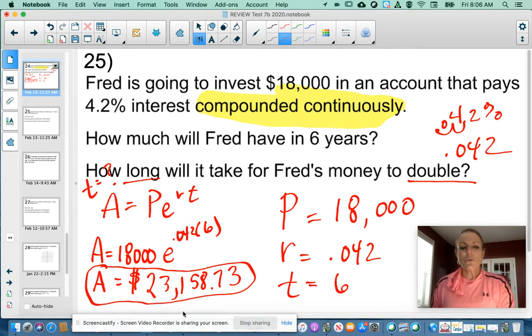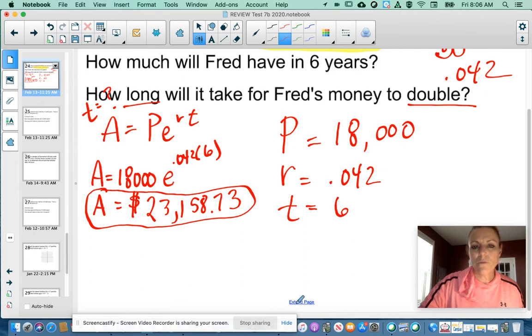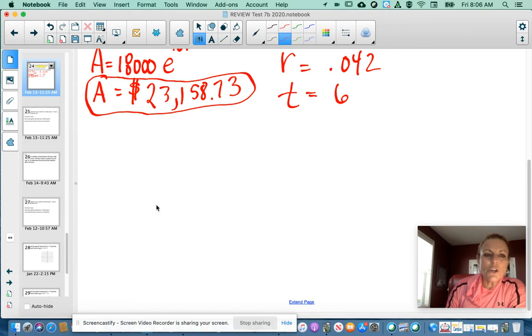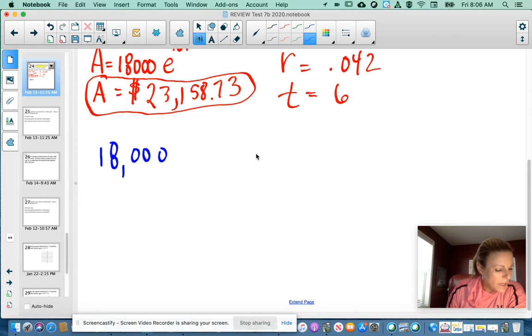So I'm going to scroll down here now. And we already know that Fred is investing $18,000. Well, we want to know how many years is it going to take him to double his money? Doubling 18,000 is just taking 18,000 times 2.